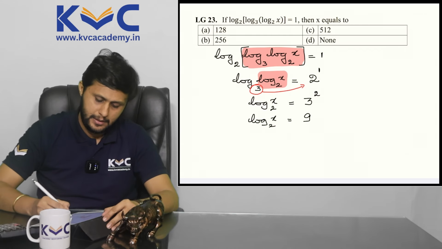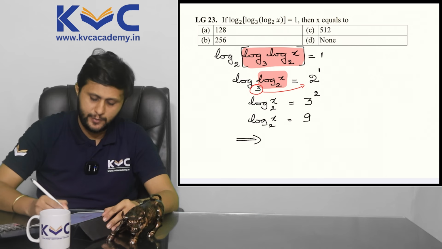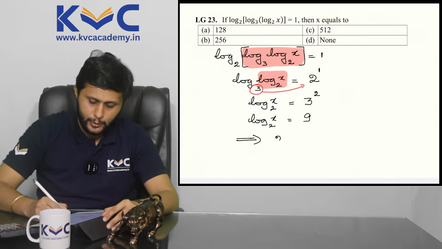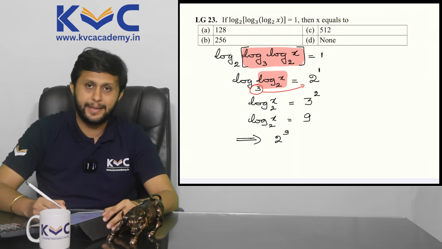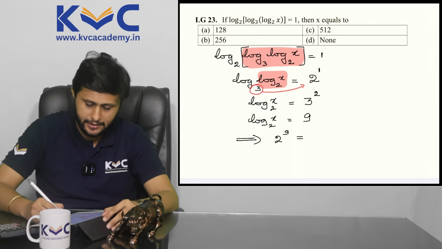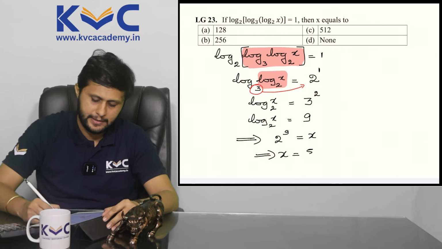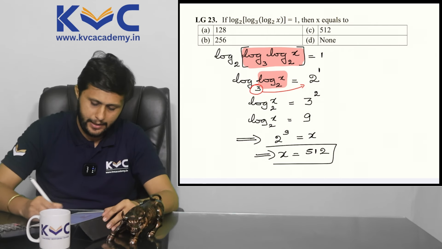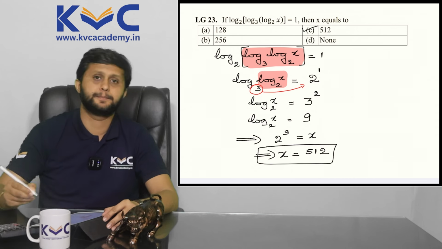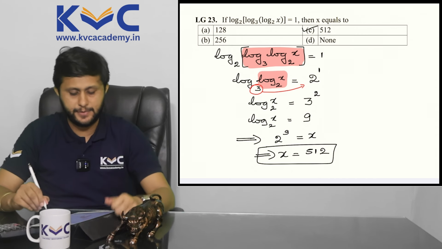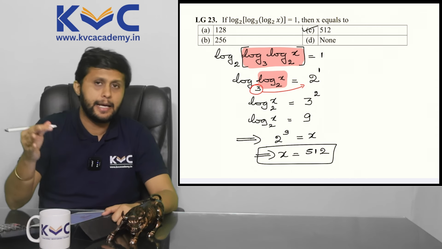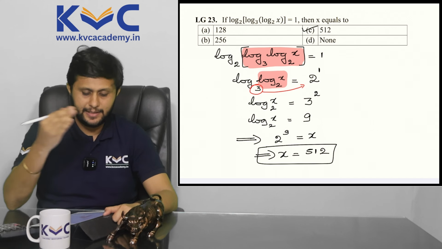Further, if I have to write it in exponential form, base 2 to the power 9 is equal to x, which implies x is equal to 2 to the power 9, which is 512. You can just check by substituting 512 and solving it like we solved in other problems step by step.